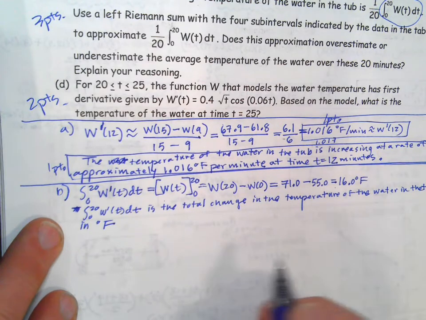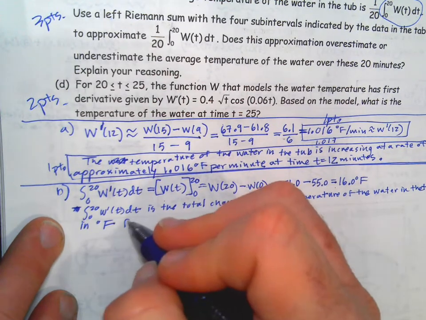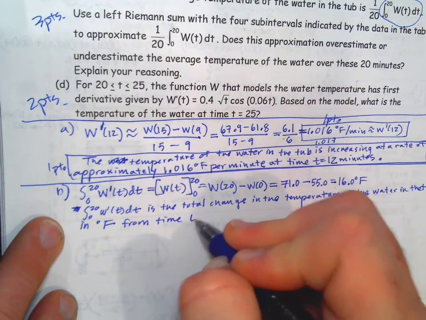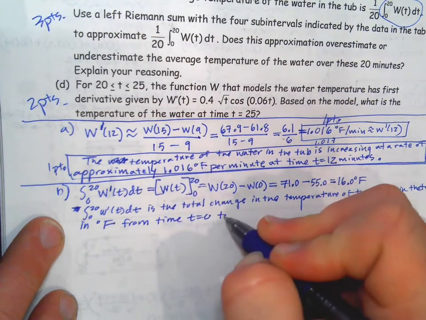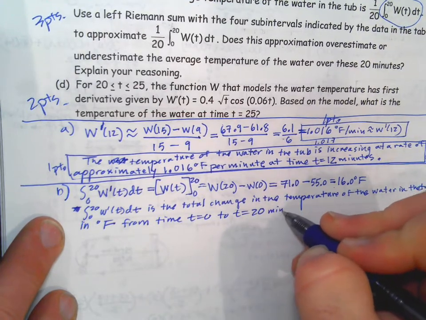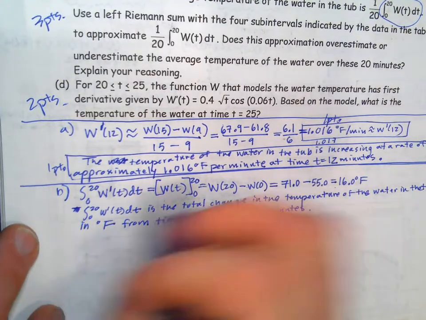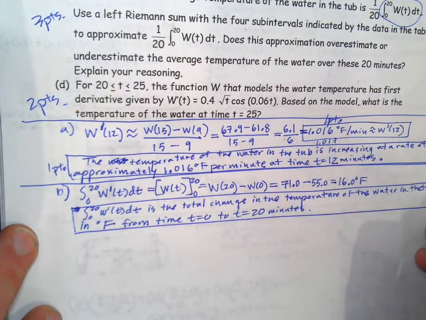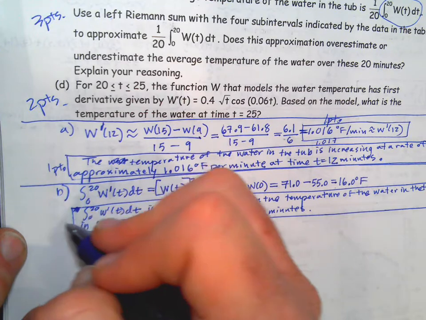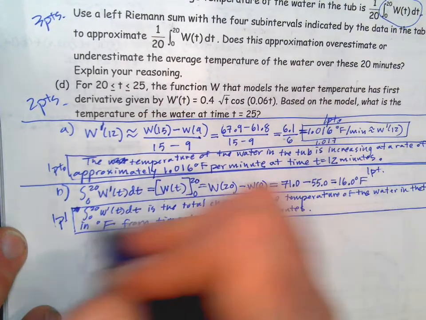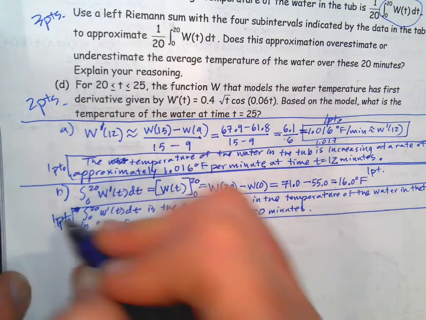Okay, you've got to mention that. From, and now you've got to put time, from time t equals 0 to t equals 20. You're going to lose the points if you don't put minutes. If you don't mention the times, you don't put the units, you're going to lose the points. So that was 2 points, probably 1 for the interpretation, 1 for your answer. That has to have work supporting it.